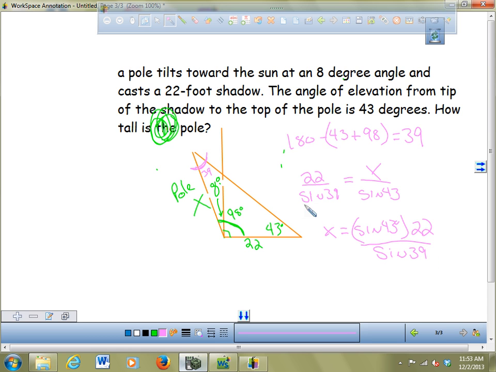And then you plug that in your calculator. If you did, you get x is about equal to 23.84 feet. And then you're done, because this is only asking you to solve for x, not solve the entire triangle. You didn't have to find this side over here. You just had to find x. And then you're done.